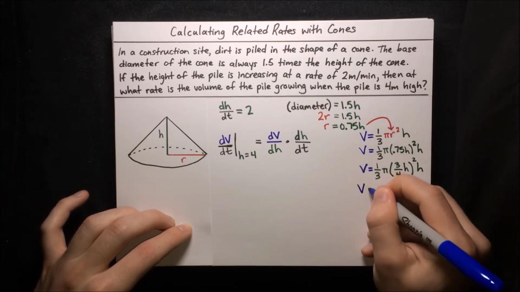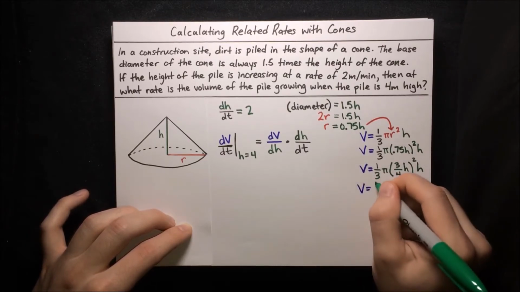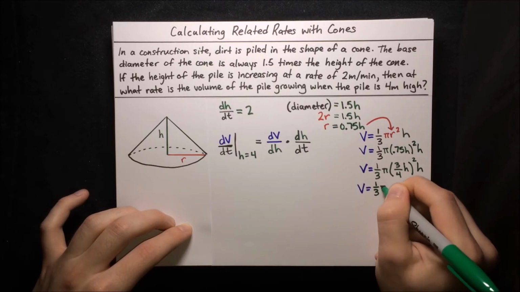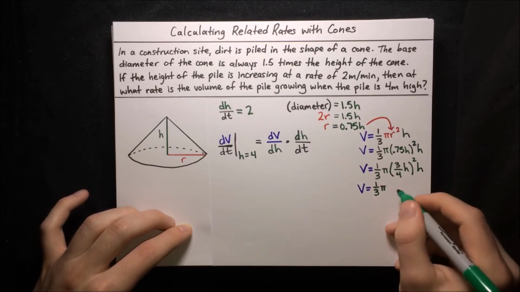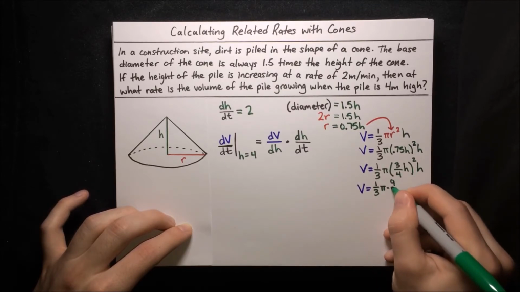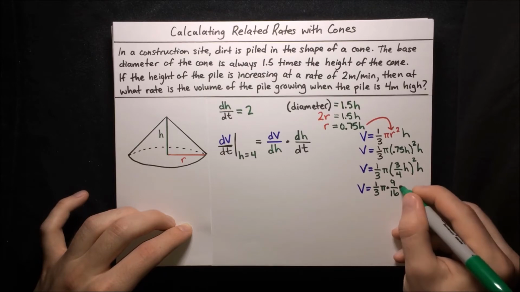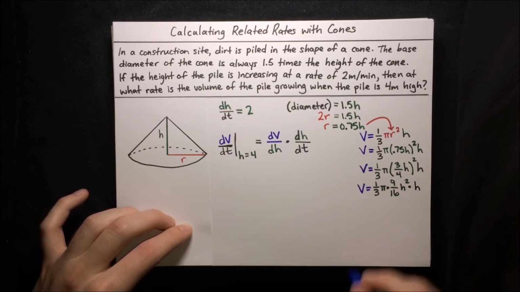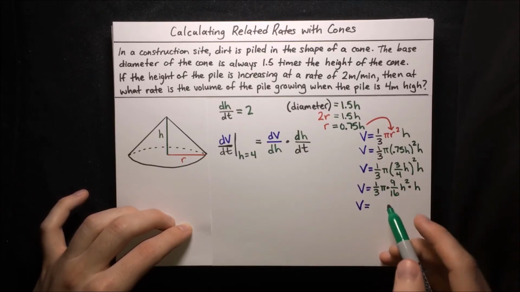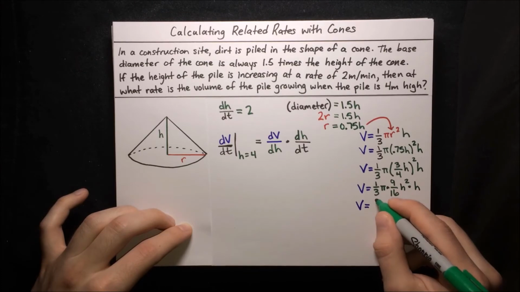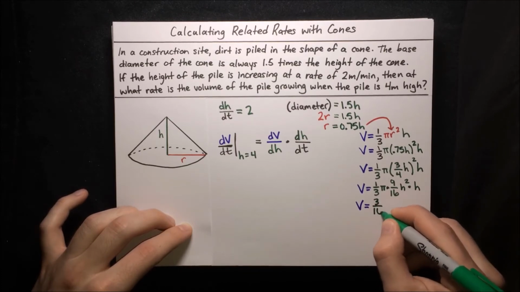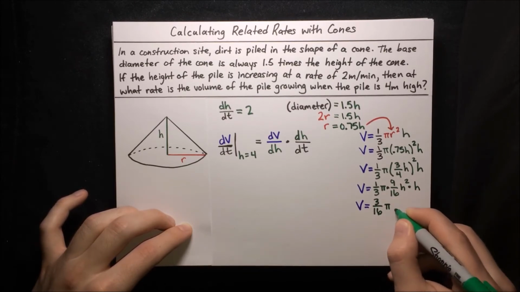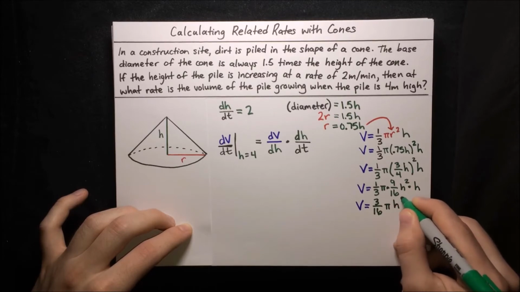So that means volume is equal to 1/3 pi, and then 3/4 squared, that's just 9/16, and then h squared, and then times h. So simplifying, volume is equal to, first of all, 1/3 of 9/16 becomes 3/16, so 3/16, then our pi, and then h squared times h is h cubed.